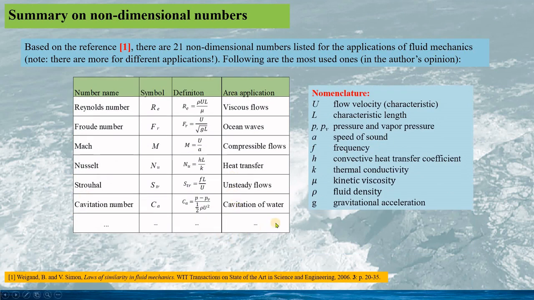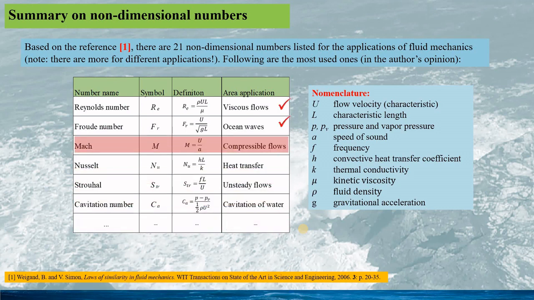Here, I choose some of the non-dimensional parameters. The Reynolds number would ensure the similarity of viscous force between the systems S1 and S2, while the Froude number ensures the similarity of the gravitational force, which is the main force for ocean waves.